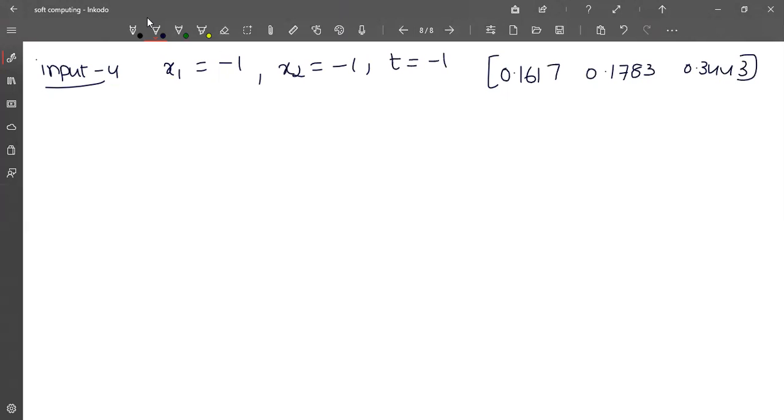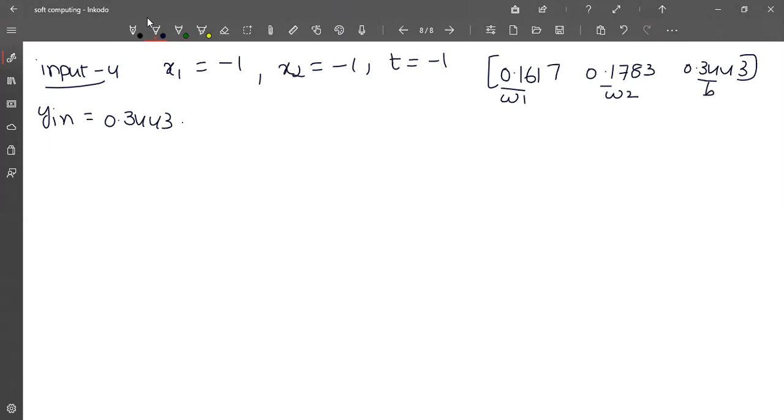Fine. Now find my net input. So bias value 0.3443. This is in the order of W1, W2 and bias. So kindly ensure that you are substituting correct values in the formula.